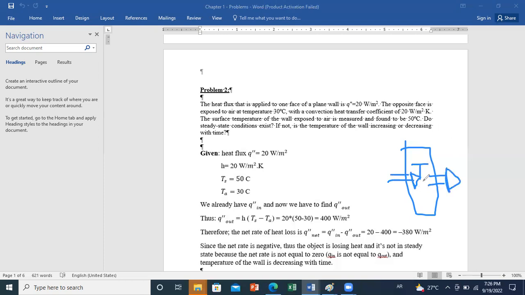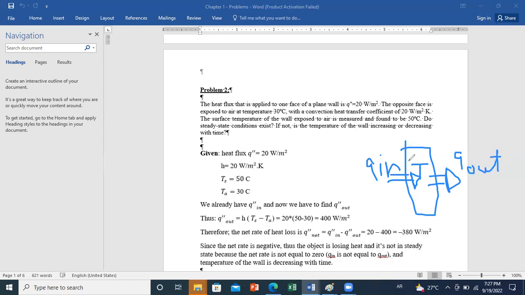Here you don't have an internal source inside the wall. You're not burning a fire inside the wall, and you don't have a chemical reaction inside the wall. So if what is getting inside will go outside, there will not be variation in the temperature of the wall.